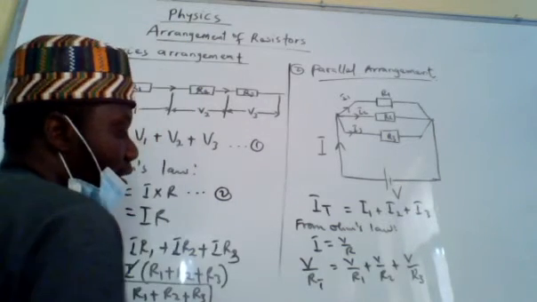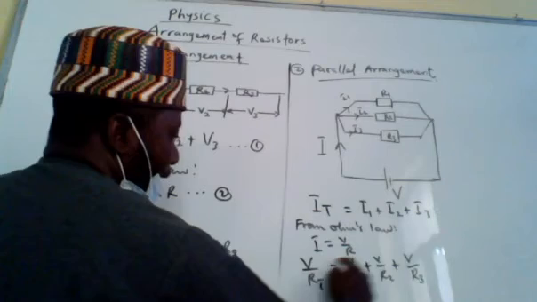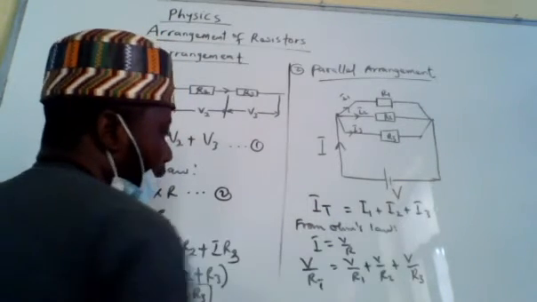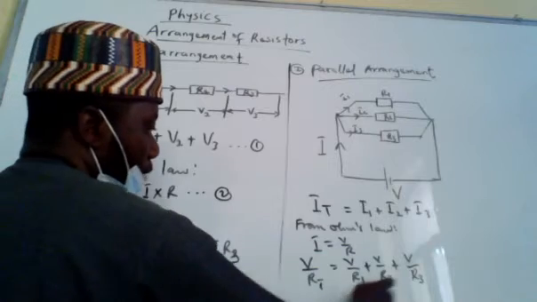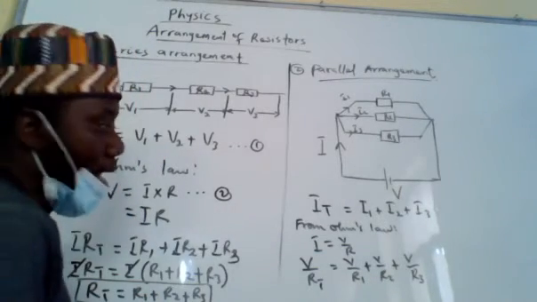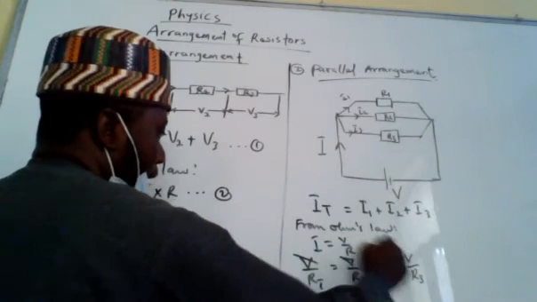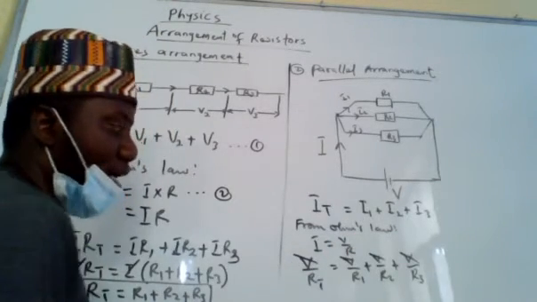I'm having V to be constant, that is why it is V, V, V. But I is changing, I1, I2, I3. R is also changing, R1, R2, R3. Are we together here? And you can see that from here, the voltage can cross out because that is constant.